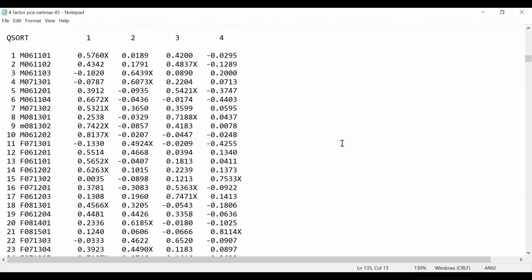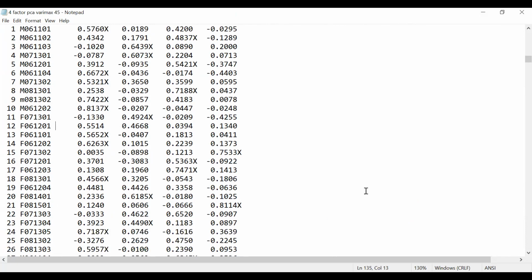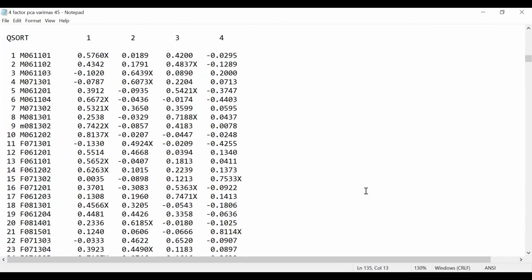But once you rotate, you can rotate for however many factors you feel best fits your data. In this particular case, I rotated, and 3 factors based on the 5 people per factor rule was the actual number of factors, but I personally chose to include this 4th factor.